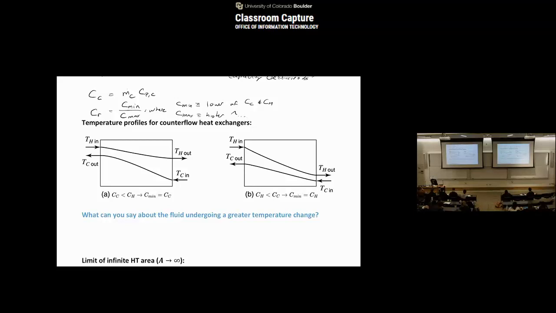Here, this quantity going across from left to right is delta T_H in this case. This quantity is my delta T_C. So in the case where my cold fluid has my minimum capacity coefficient, which fluid undergoes a larger temperature change?